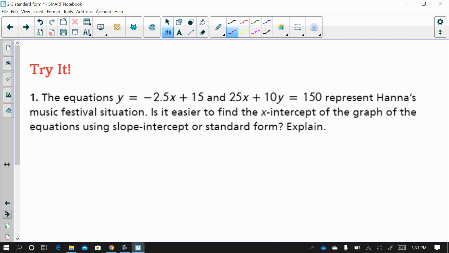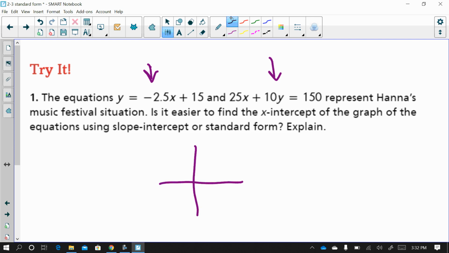So the equations y equals negative 2.5x plus 15 and 25x plus 10y equals 150 represent her music festival situation. Let's talk about finding the x-intercept. Would it be easier to find the x-intercept in slope-intercept form or in standard form? Well, let's think about what the x-intercept really is.